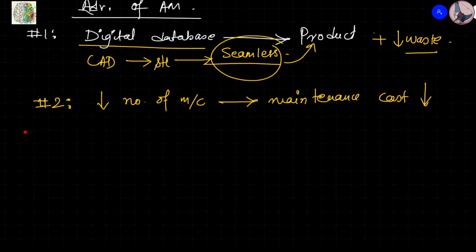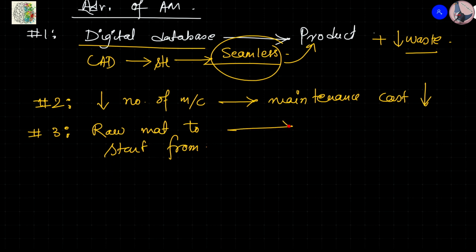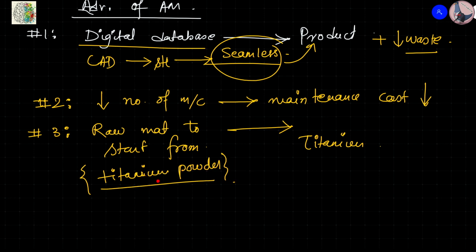Then the third one is the raw material to start from. It will be common, which you will understand slowly. To make any sort of product, suppose you want to make some product of titanium, and you have titanium powder, you start doing 3D manufacturing with this titanium powder.